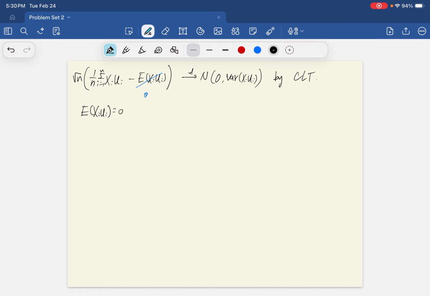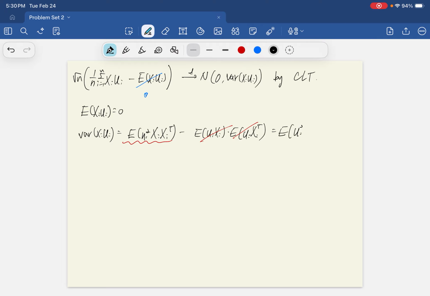And then the variance of x times u is, right, expectation of u_i squared x_i x_i transpose minus expectation of u_i x_i times expectation of u_i x_i transpose, but these are 0, so we only have this term, and that is that.